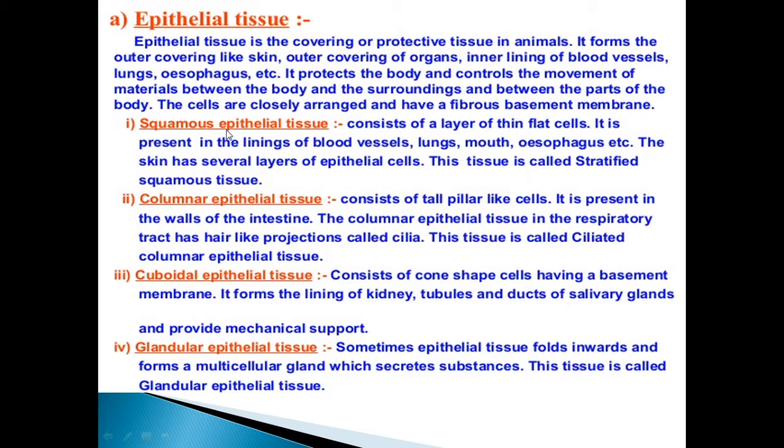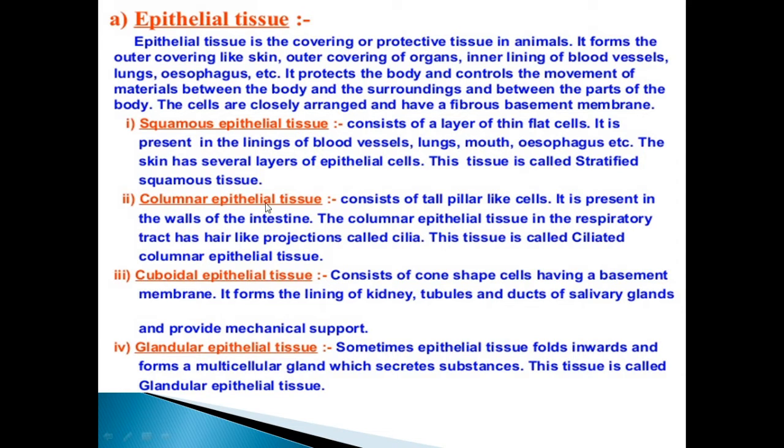Squamous epithelial tissue consists of a layer of thin flat cells. It is present in the lining of blood vessels, lungs, mouth, esophagus, etc. The skin has several layers of epithelial cells. This tissue is called stratified squamous tissue.